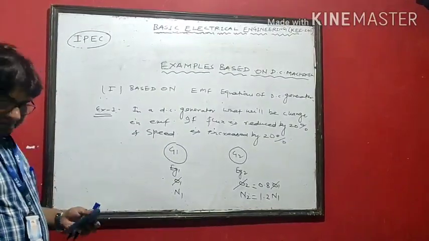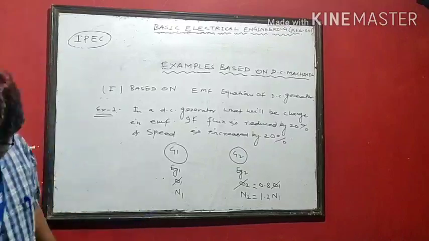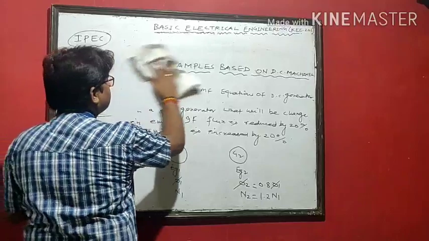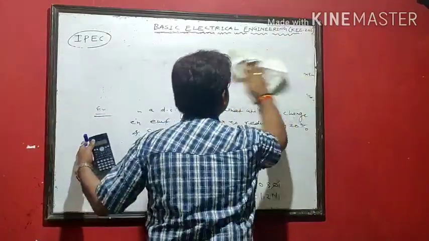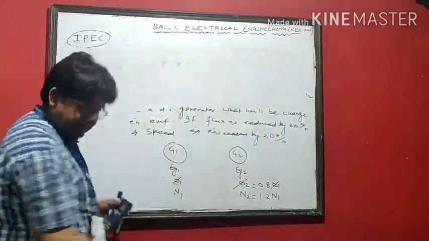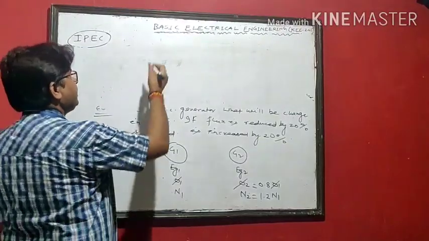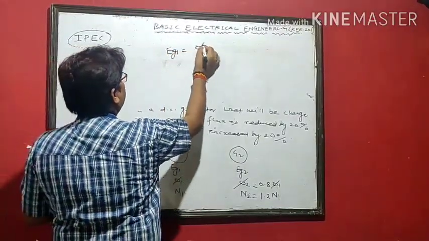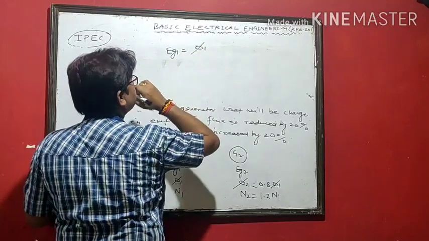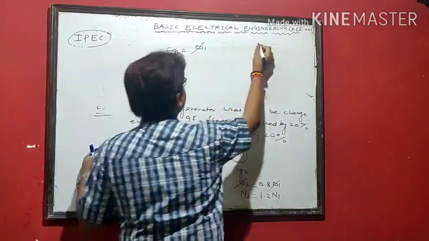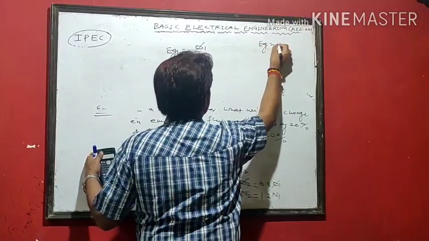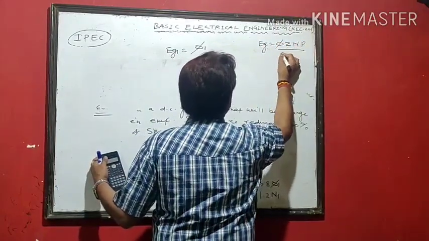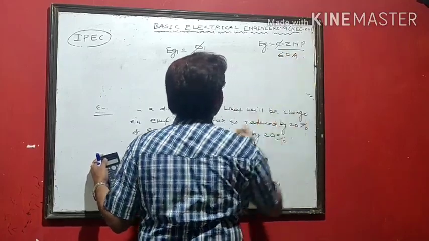We know that EG equals phi ZNP divided by 60A.